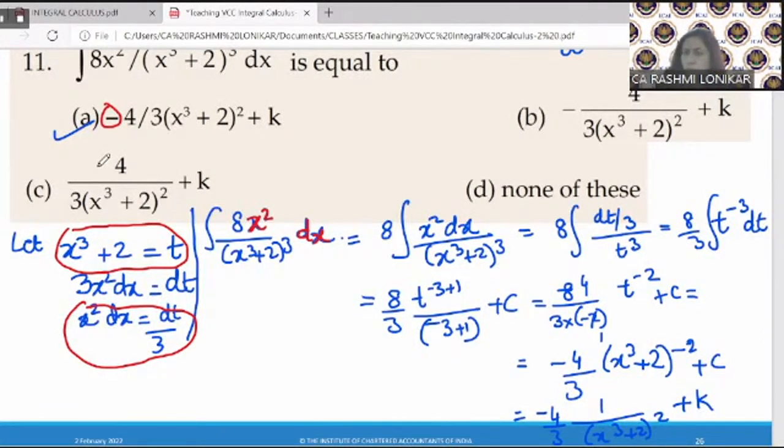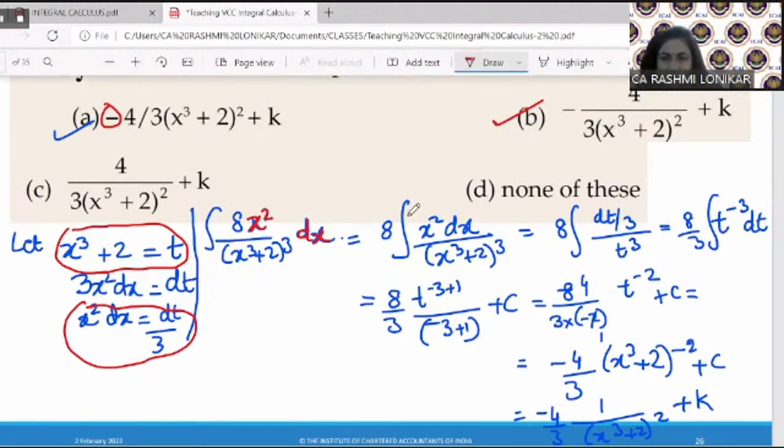Now here, A and B both you are getting as correct, but I think they made some mistake over here. Maybe they wanted you to have a different option. In the textbook they have marked B as the correct answer, but both are the same: minus 4 upon 3 (x cube plus 2) whole square.